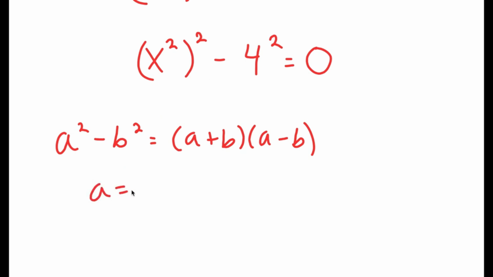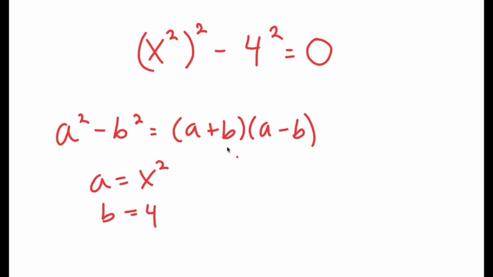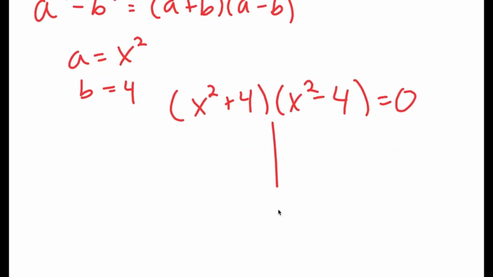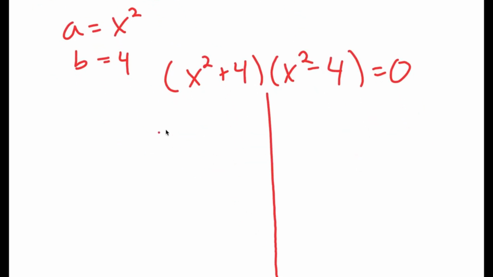So in this case, a is x squared and b is 4. So this turns into x squared plus 4 times x squared minus 4 is equal to 0. Now I can divide this into two equations. I have x squared plus 4 is equal to 0, and x squared minus 4 is equal to 0.